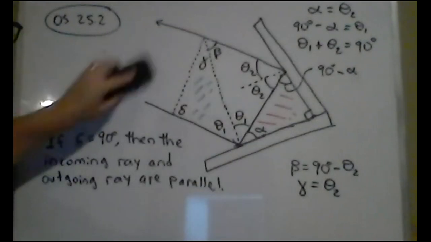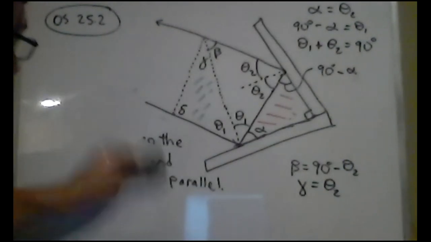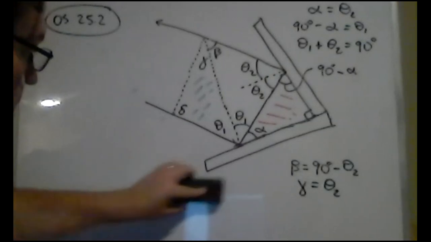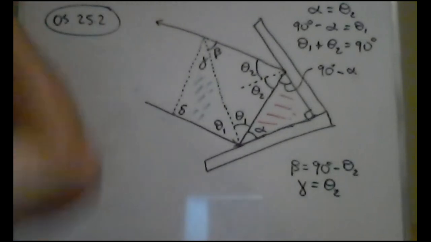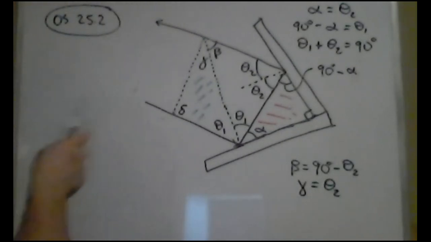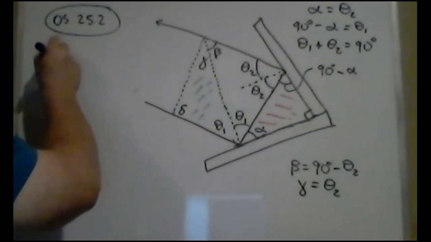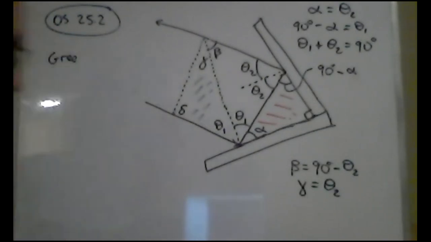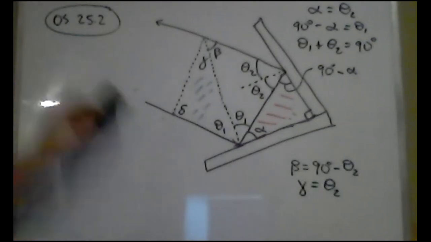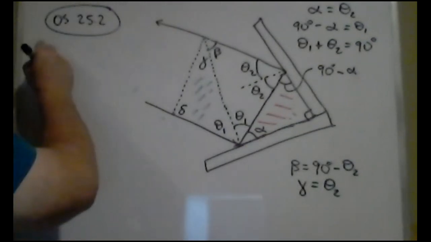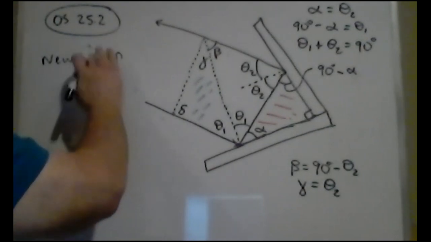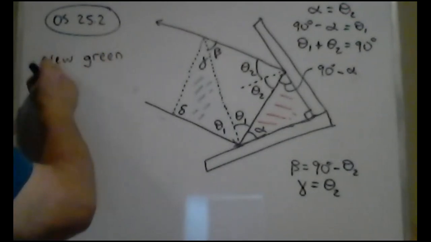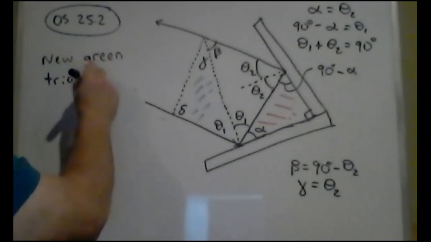I've written down in my parking lot everything that I know about this problem. So now I'm left with connecting everything together with delta. I've already said that this upper angle is 90. So the question is, I have the new green triangle, and let's see what we can do.